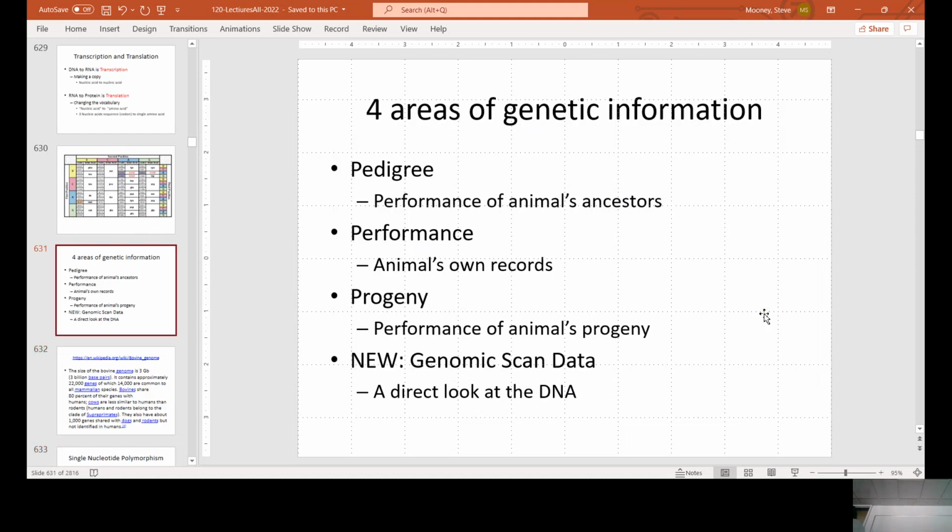So we left off last time talking about how we interpret the genetic components or the genetic worth of an animal. So has anybody in your Dairy Quiz Bowl days genotyped?